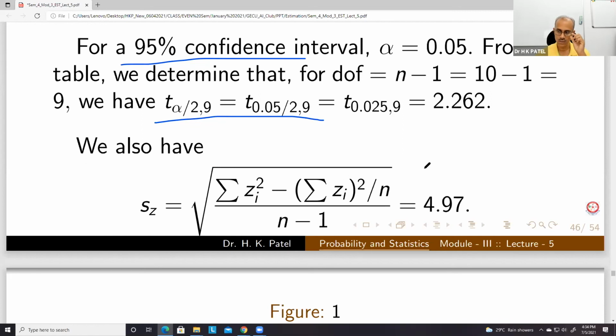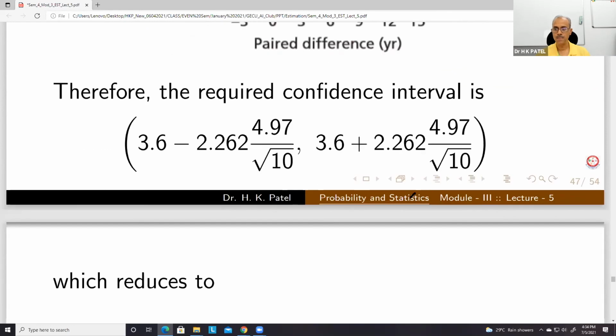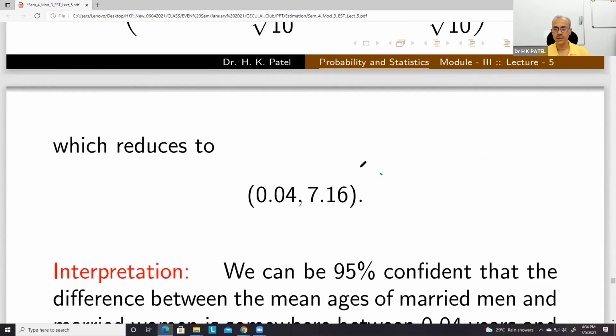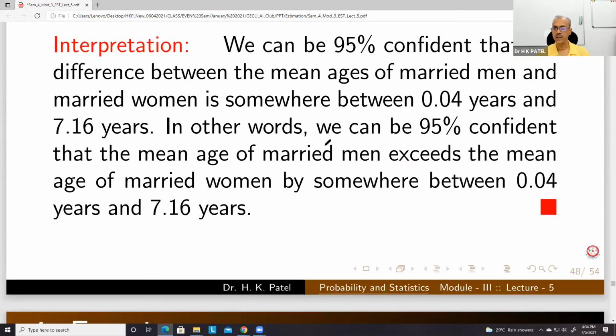All right, so all these things you can verify, and therefore we get the interval 0.054, 7.16. So we are 95% confident that the mean age of married men exceeds the mean age of married women by somewhere between 0.054 years and 7.16 years.